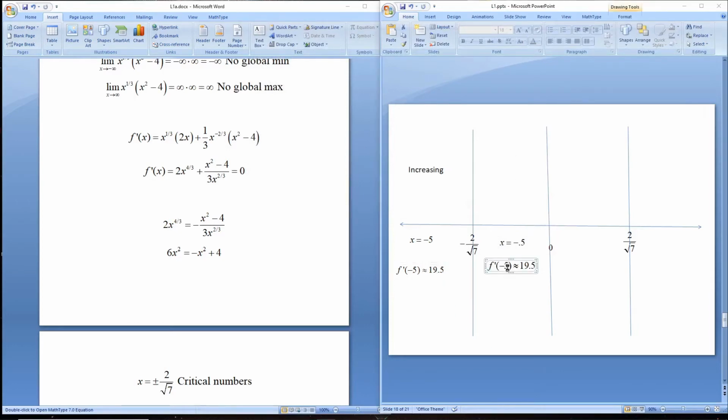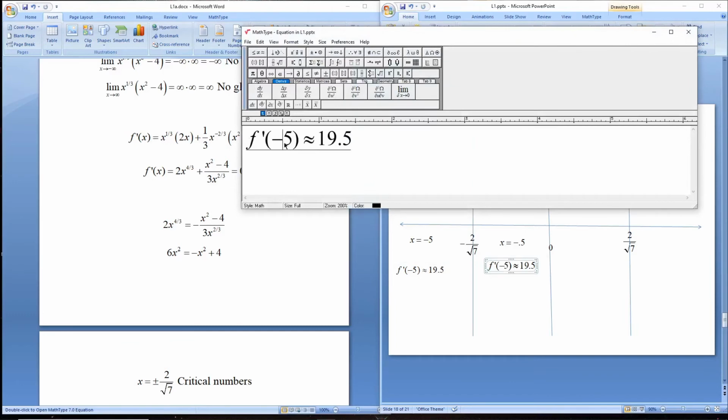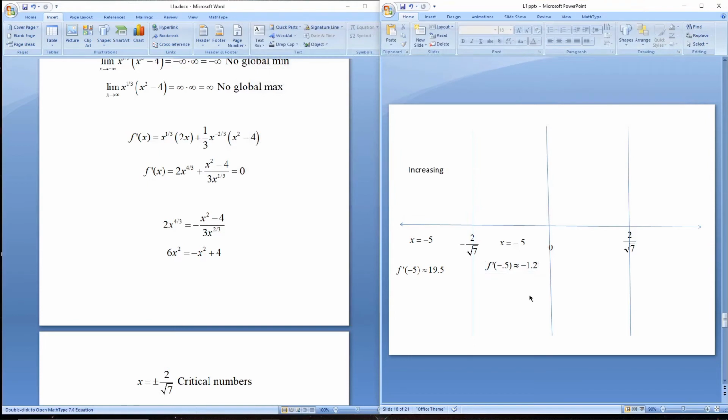And if you plug that into the derivative, you will get approximately minus 1.2. So this derivative is negative. And so that means this region must be decreasing.